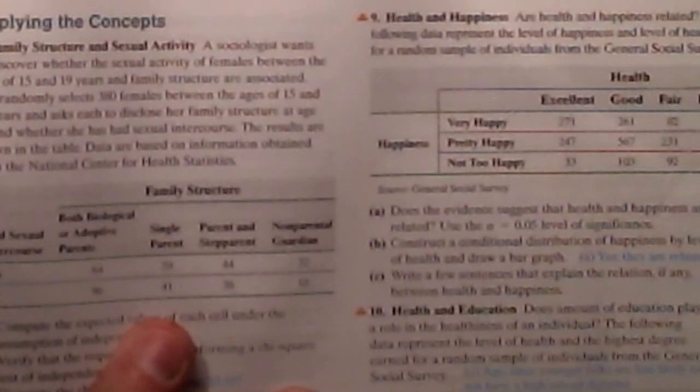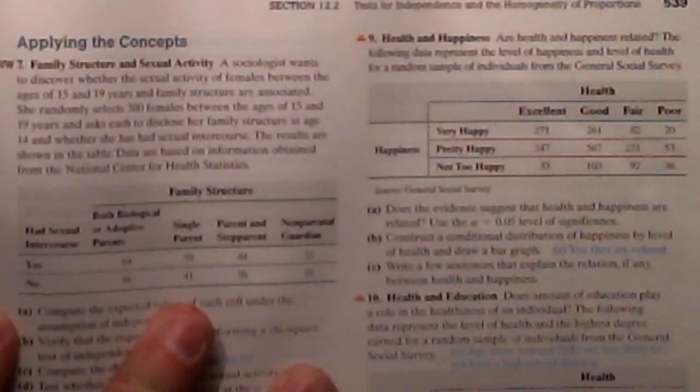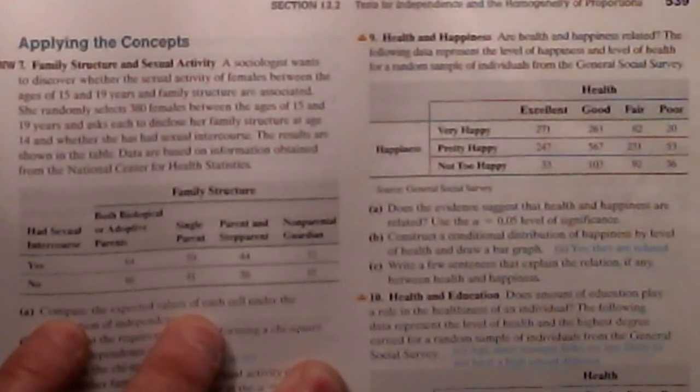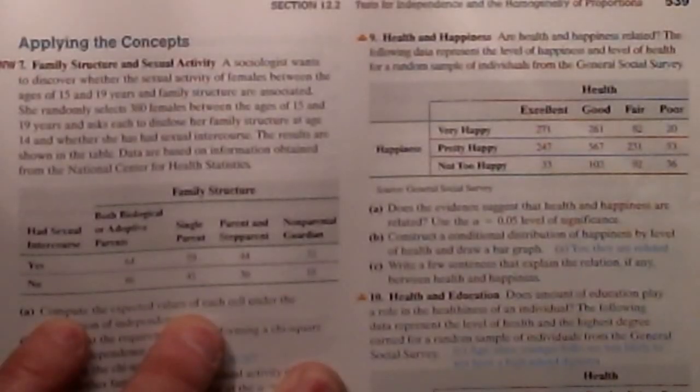I'm going to have to zoom out a little bit here. All right, so again, this is problem number 9 on page 539, and it reads this way: Are health and happiness related?